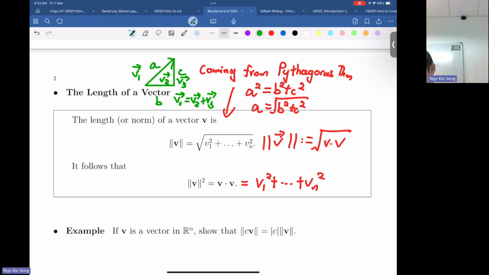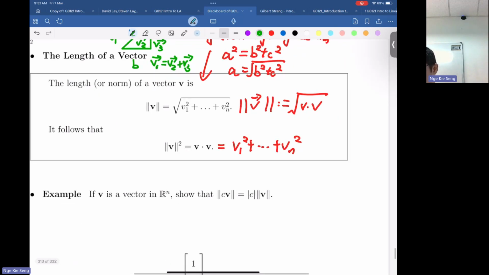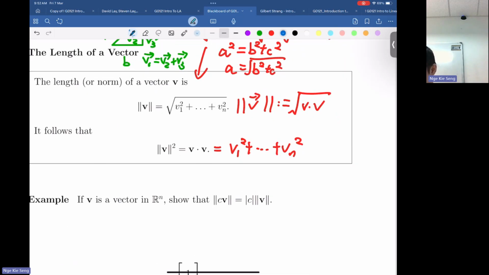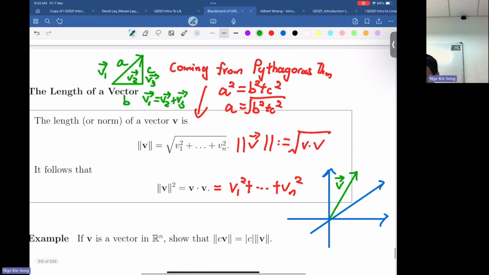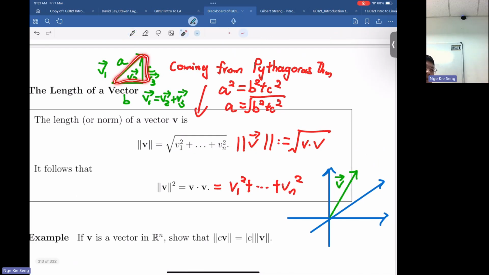Okay, maybe I let you see the three-dimensional case. If we're going to do the three-dimensional case, let's say we want to figure out the length of this V here. But how do you build this V actually? You also need this 90-degree triangle.